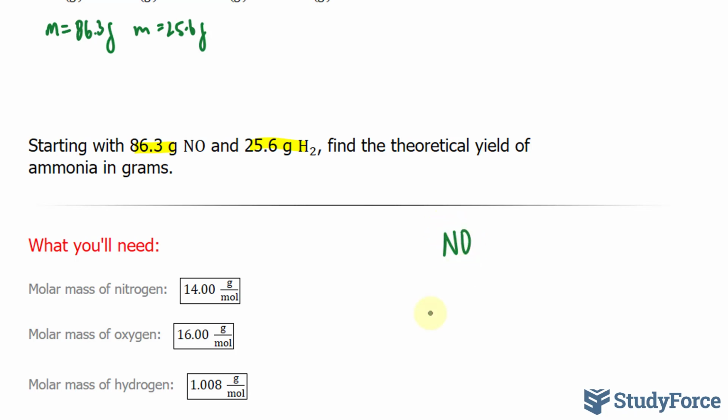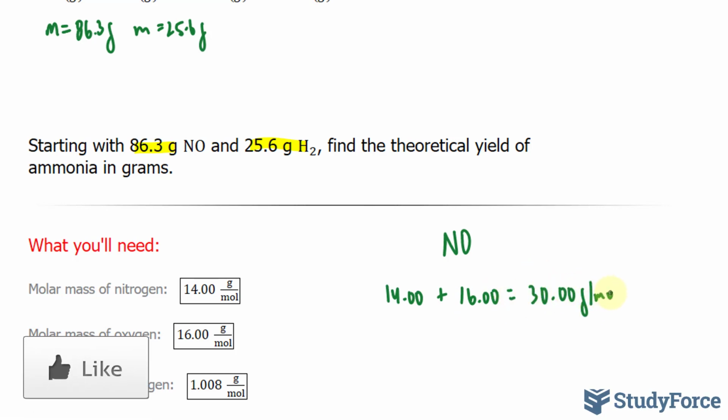Starting with NO, we have 1 nitrogen, so we'll take the number 14.00 and add 16.00 to it. These two numbers combined is 30.00 grams per mole.